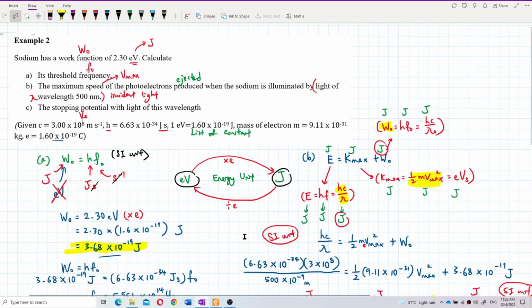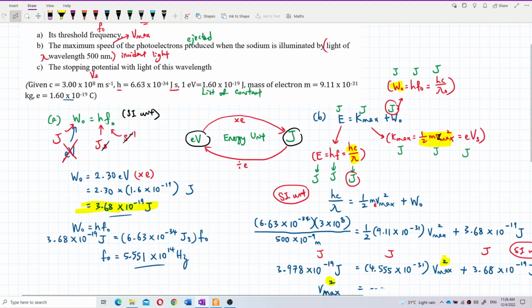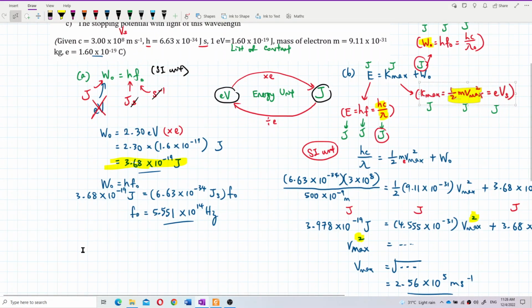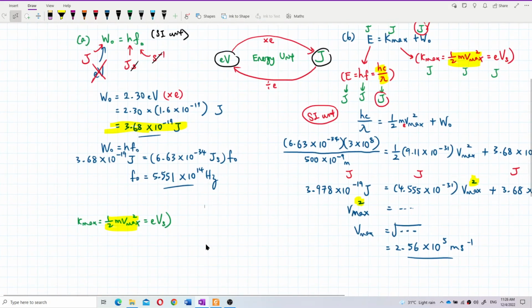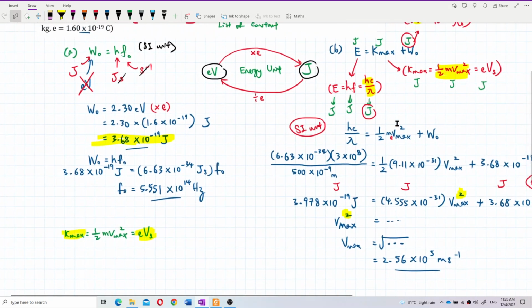So I just make use of this one again. Just substitute over here. Now I'm going to use the relation between Kmax and eVs.